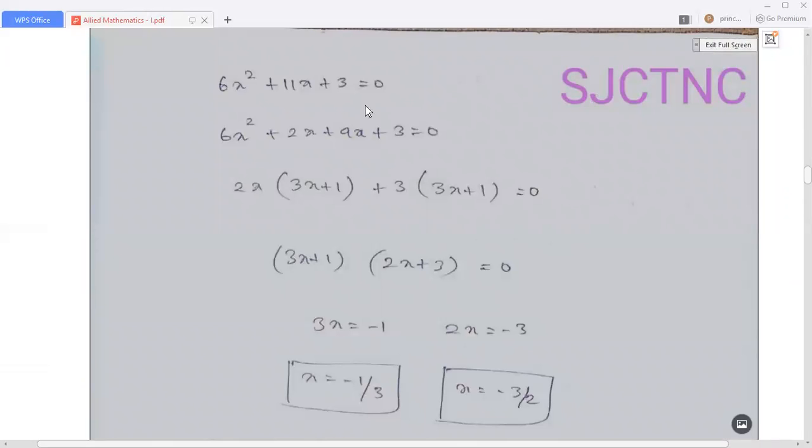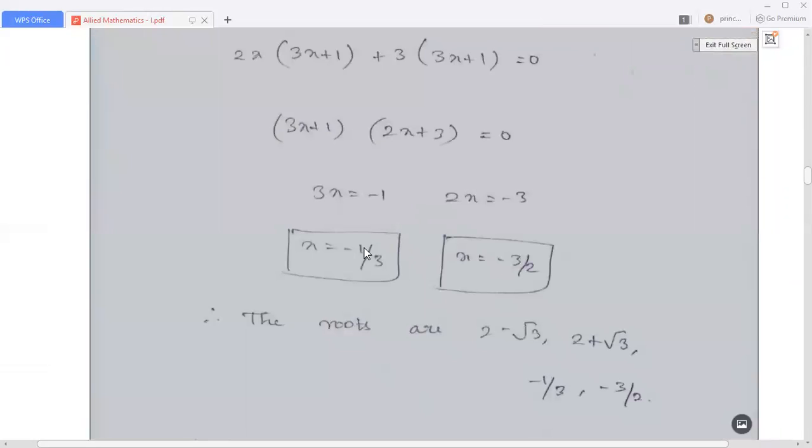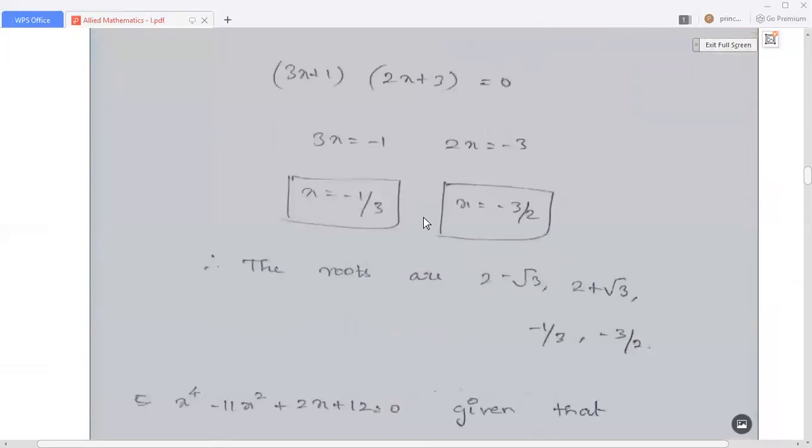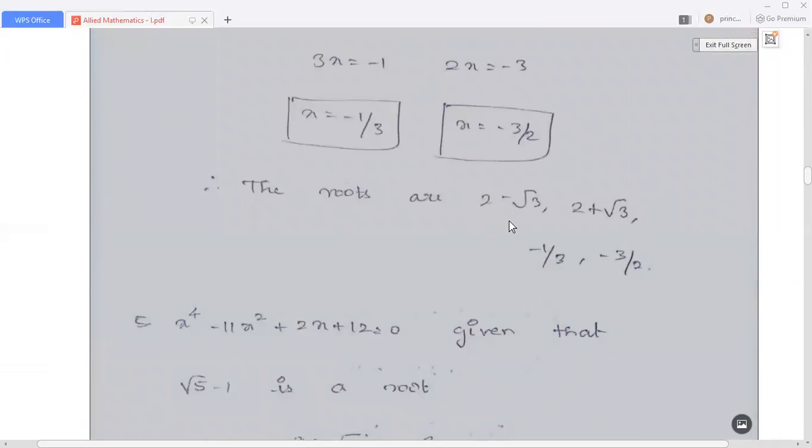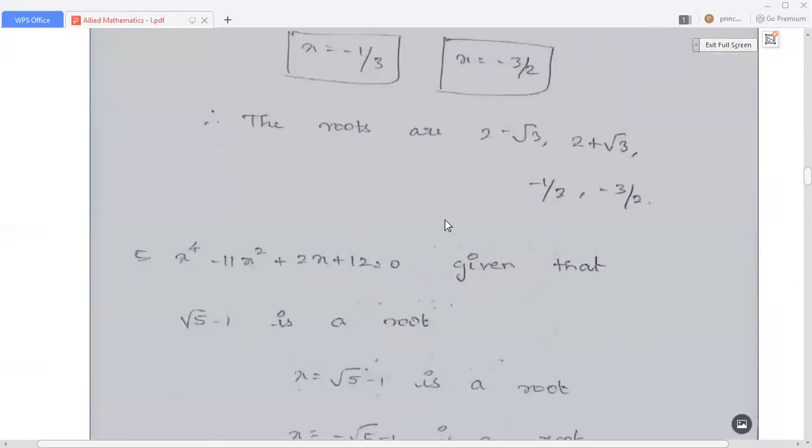Now we solve this quadratic equation using the factorization method. We get 3x plus 1 into 2x plus 3 equal to 0. Therefore, x equal to minus 1 by 3 or x equal to minus 3 by 2. Therefore, the roots are 2 minus root 3, 2 plus root 3, minus 1 by 3, minus 3 by 2.